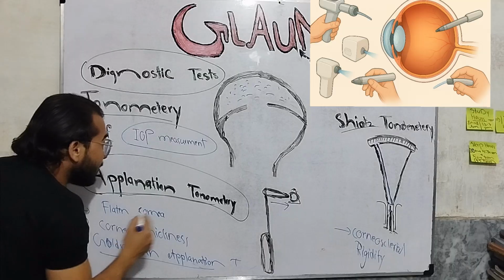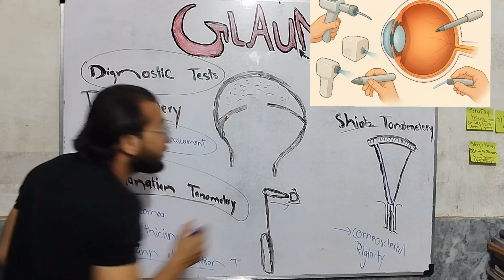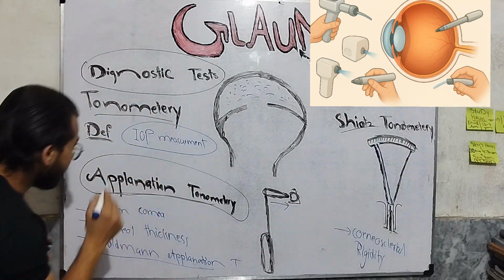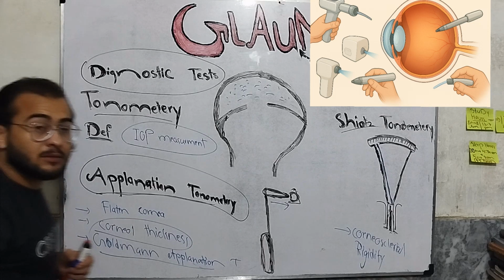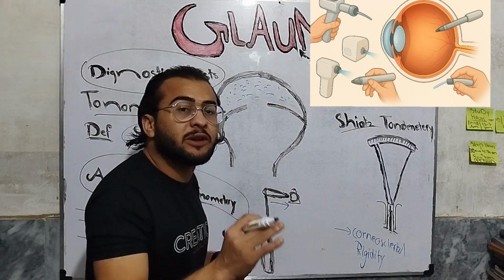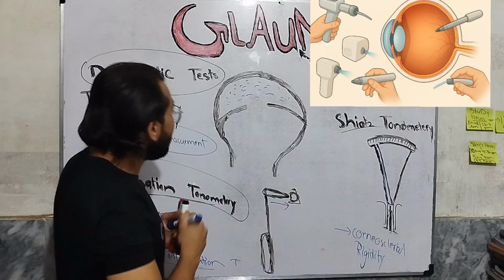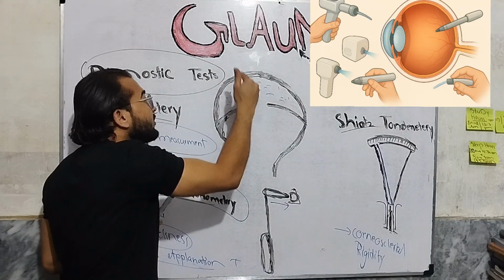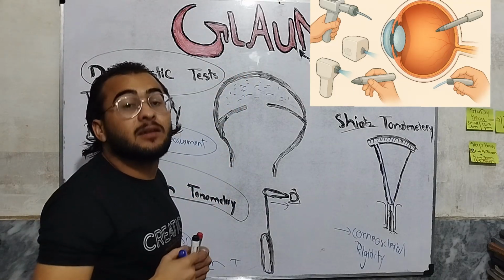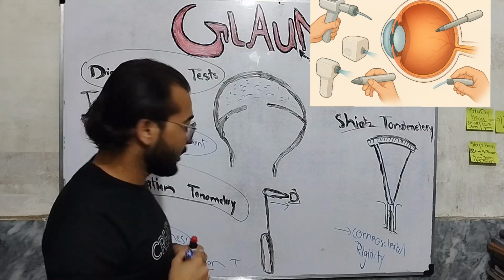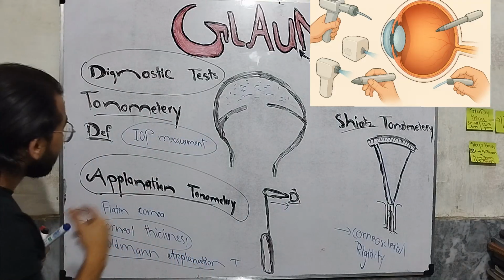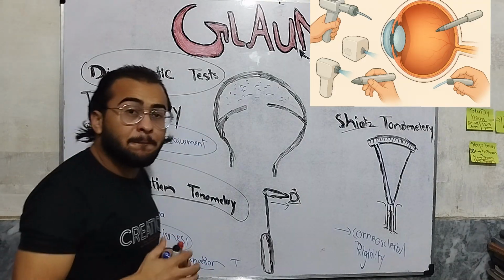So Goldmann applanation tonometry can be affected by corneal thickness. A thick cornea will give us more pressure and a thin cornea will give us less pressure. The actual pressure is the one caused by the aqueous humor. So this was about applanation tonometry.